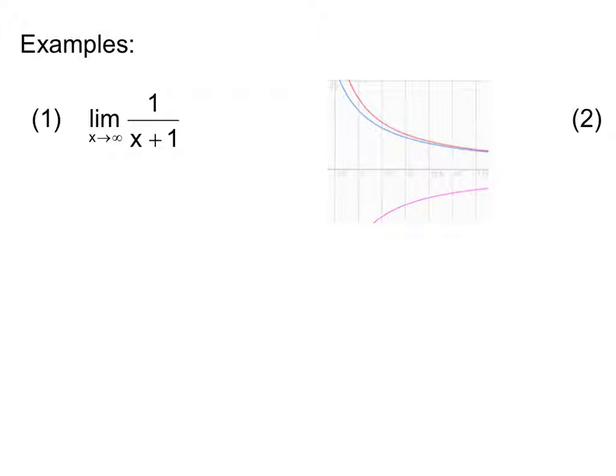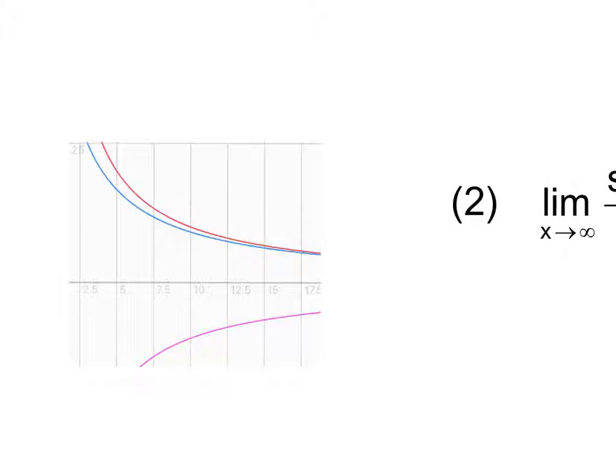You could just do a rough sketch, but the red one is y equals 1 over x. The blue one was the given. You could write y or f of x equals 1 over x plus 1. And the purple one was y equals negative 1 over x.